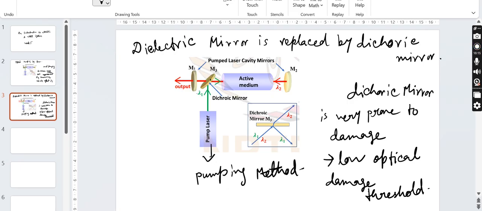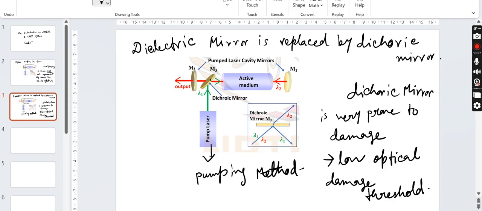So we need an optical material that can have a high optical damage threshold. When we are saying that the dichroic mirror has a very low optical damage threshold, that means we cannot operate it continuously or with a very high power pump laser.